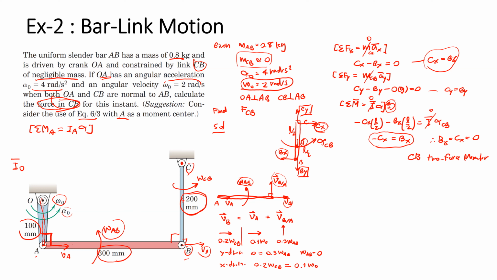So now we know omega 0. Omega 0 equals 2. And omega CB is 1/2 omega 0. So omega CB is 1 radian per sec.